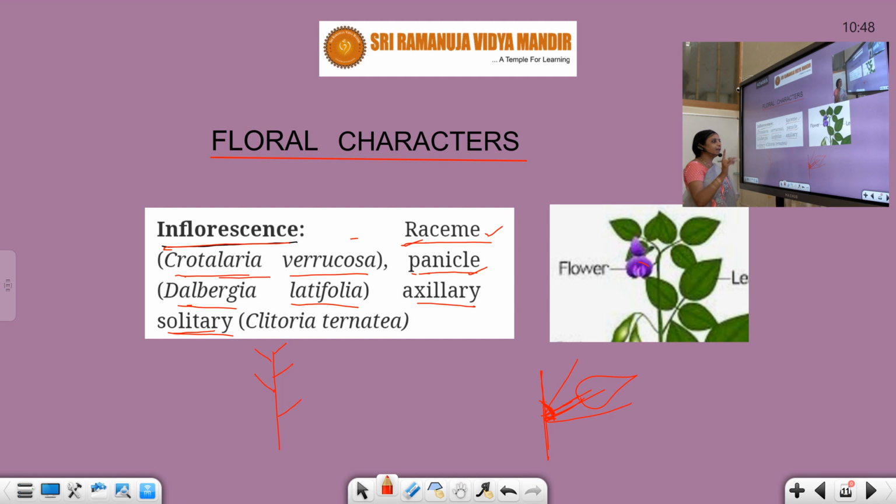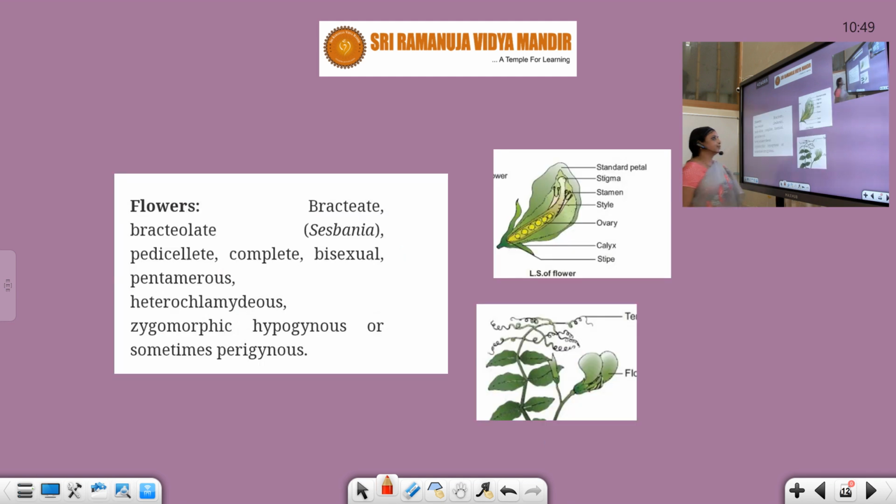Now let's see the description of the flower, how the flower of this plant or this family looks. Flowers are, number 1, bracteate. Bracteate means, where are these bracts present? Bracts are simple, small leaf-like structures which are present at the base of the pedicel.